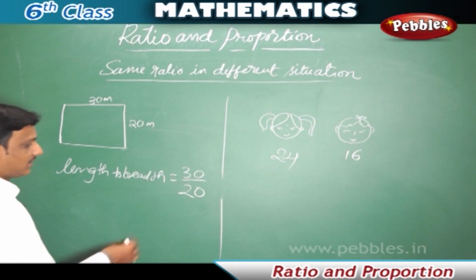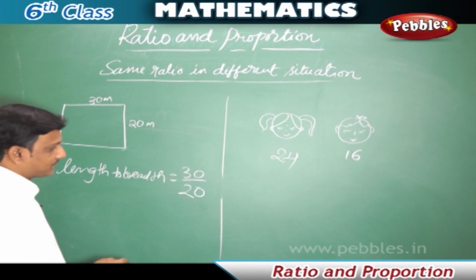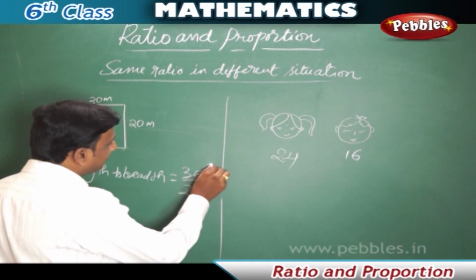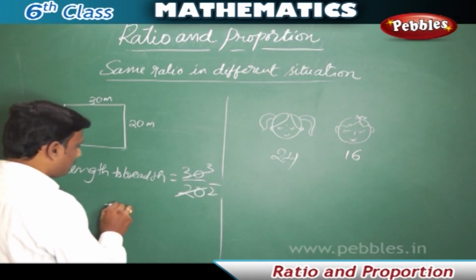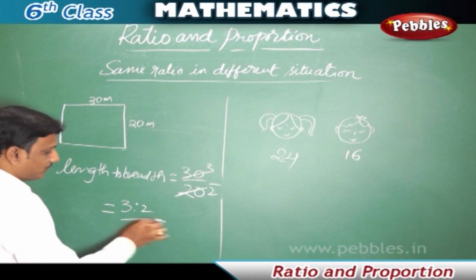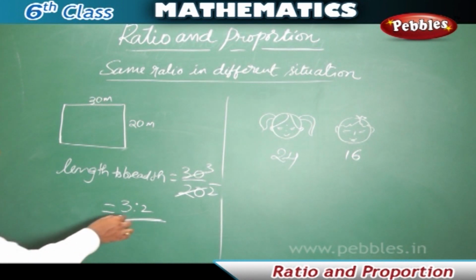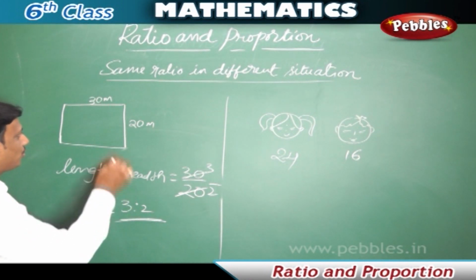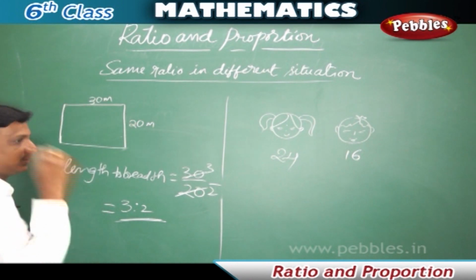Length 30 meters and width 20 meters. If we take 10 three times and 10 two times, it is 3 is to 2. So 3 is to 2 is the ratio of length to the breadth of the room.